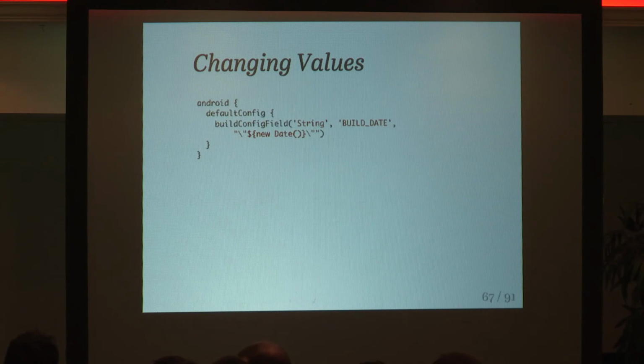If you ever do something like this, this snippet will add a new field in BuildConfig.java called build date, containing the string representation of the current timestamp. You could find snippets like this on Stack Overflow as well. As I said before, always be mindful and try to understand how it could affect your build. In this case, every time I build something, BuildConfig.java will change, right?